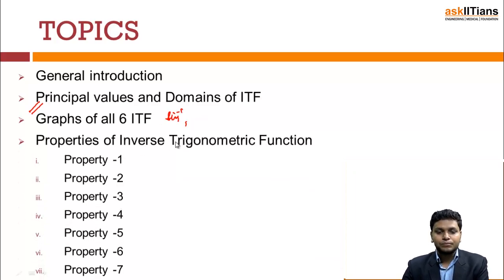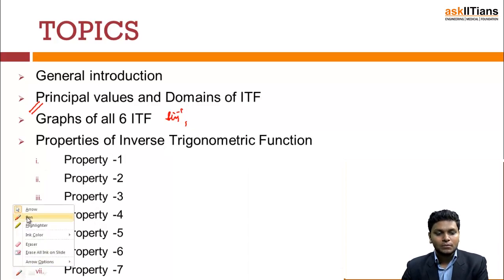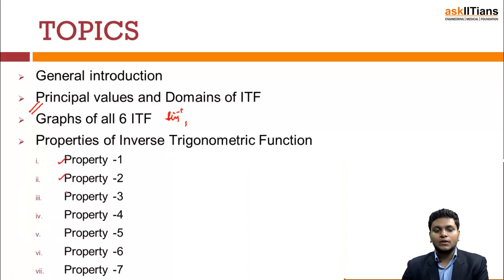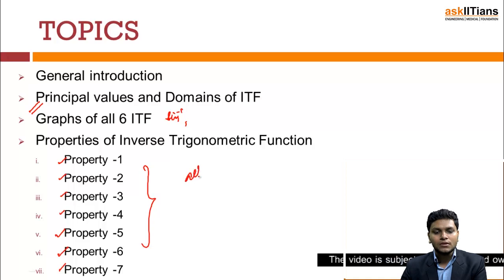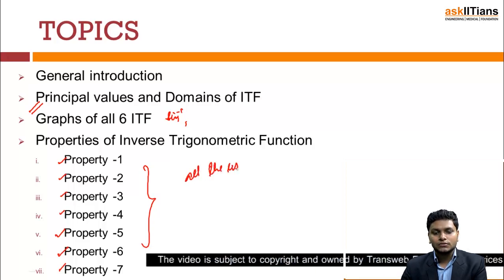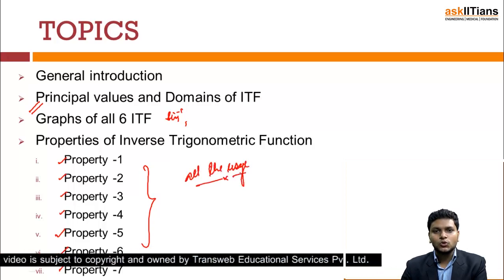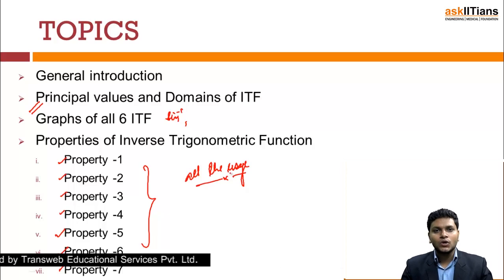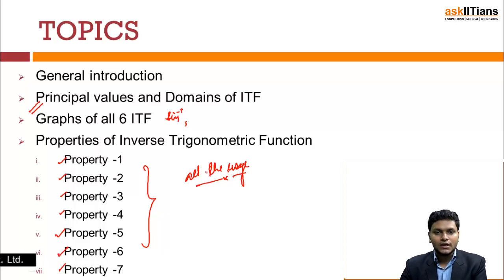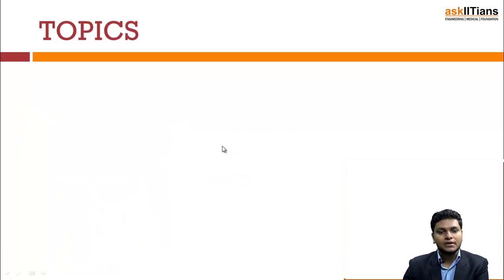After that, I'll have the properties of inverse trigonometric functions, starting with property number 1, property number 2, property number 3, property number 4, taking and including all the possible variations, then property number 5, property number 6, and property number 7, which will be the culminating property. We'll see all the possible usage of these properties in questions, and how they help us understand the whole chapter cumulatively.